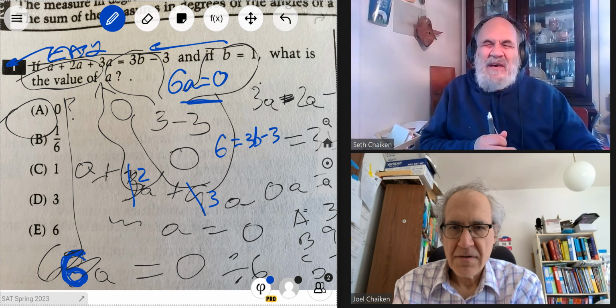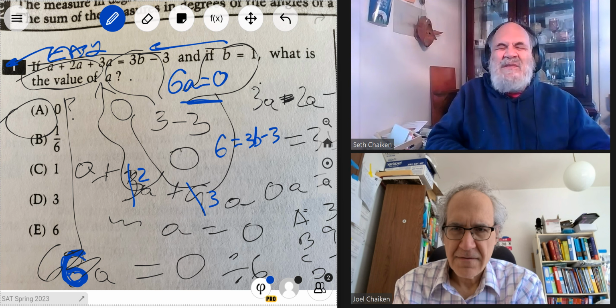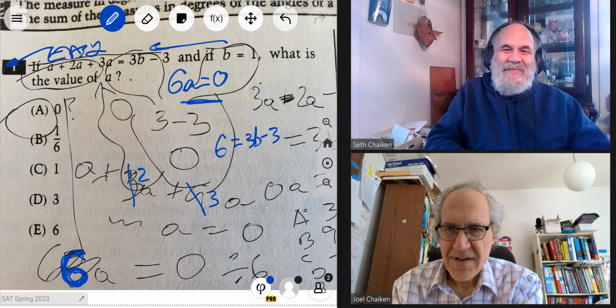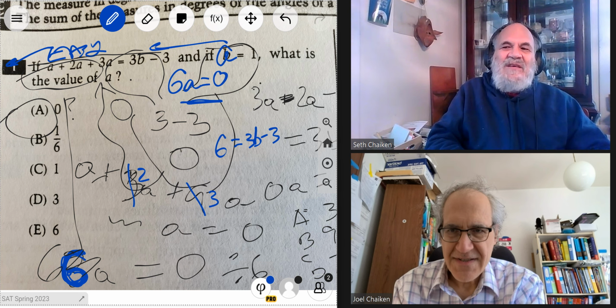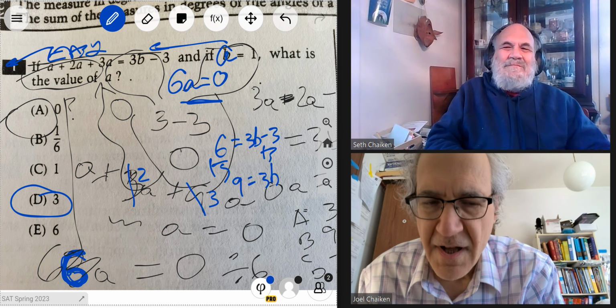So they have a choice for people who make that mistake. No, wait a second. If you say A was 1, then you get 6 on the left-hand side, 3b plus 3. You add 3 to both sides, this is 9 is equal to 3b. B is 3. Oh, you're right. Yeah, B is 3.